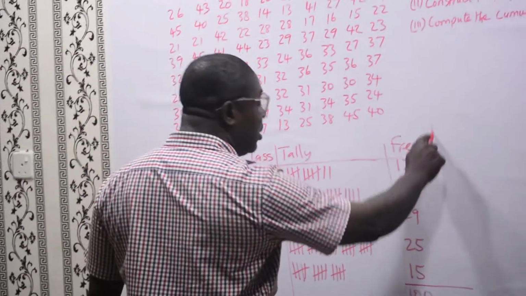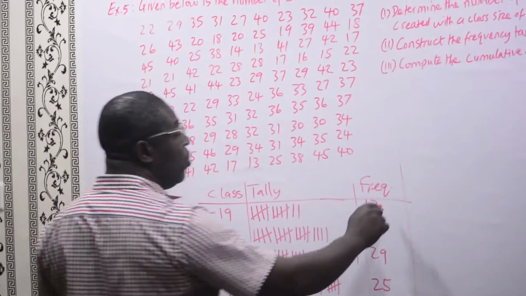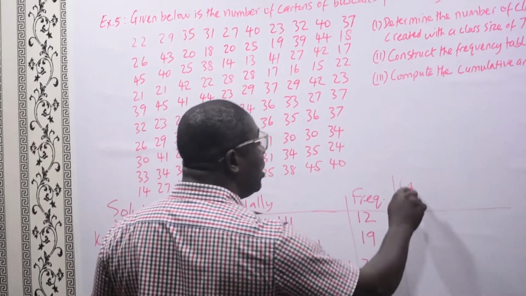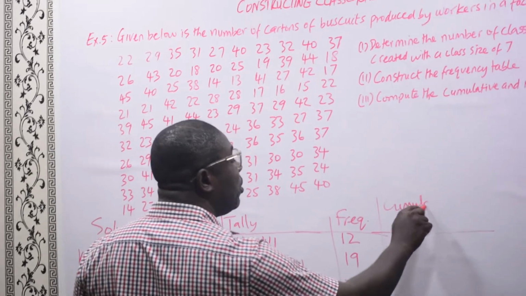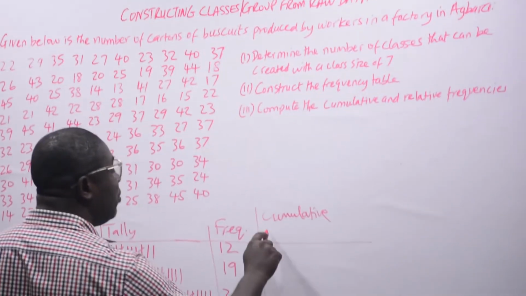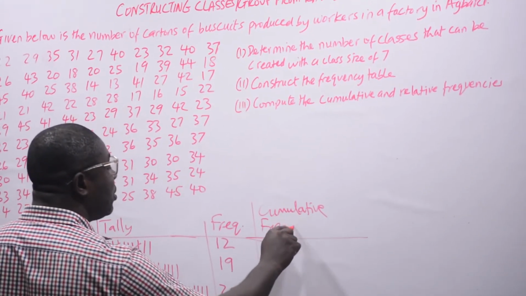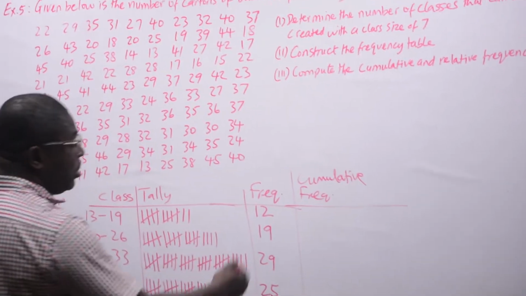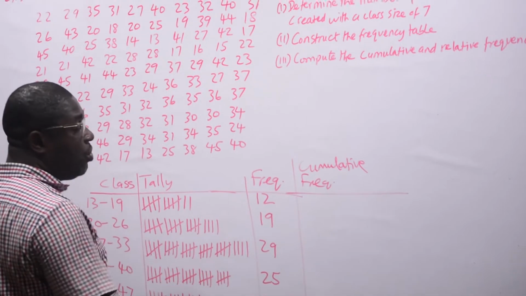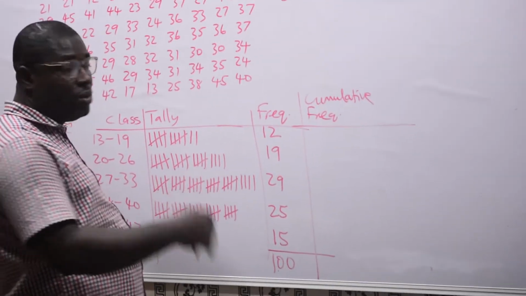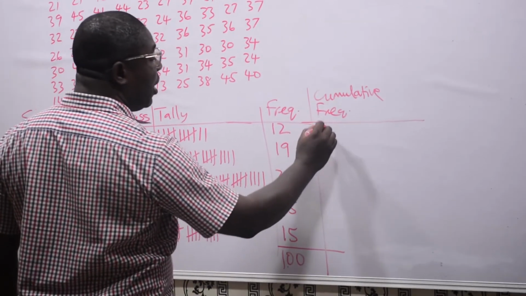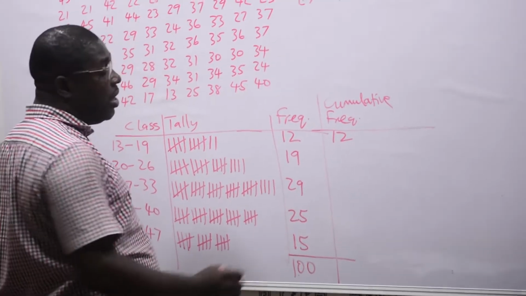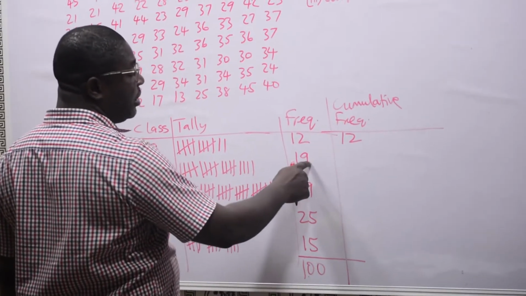Now after we've done this, the next thing we do is our cumulative frequencies. The cumulative frequency is to add up each frequency level to the other. So the first one here will be 12. And so we have 12 plus 19.